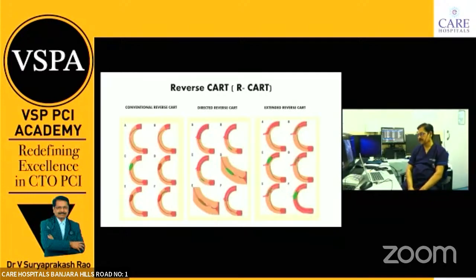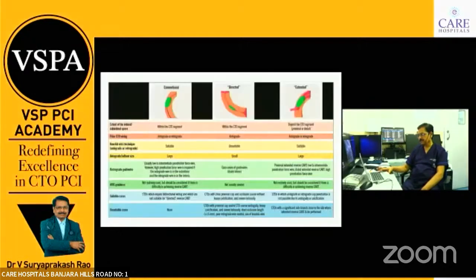This is called the contemporary reverse CART. This is a simple technique. And anything beyond the CTO segment, when you do, is called extended reverse CART. There you need IVUS for doing. So these are the various techniques: conventional, directed, and extended reverse CARTs.